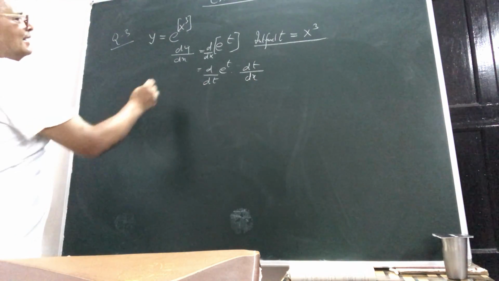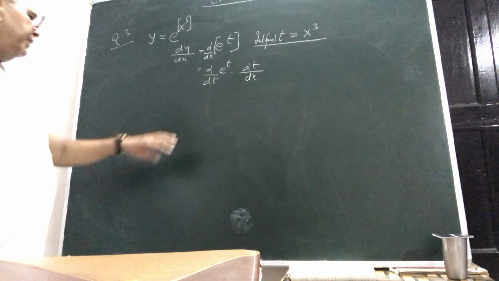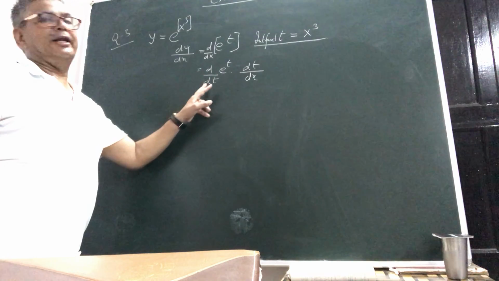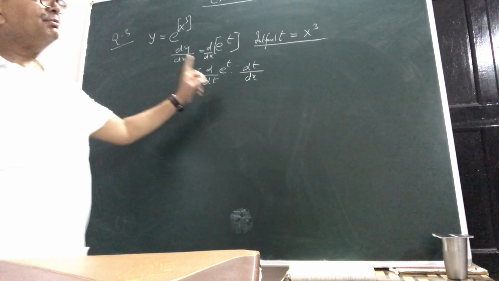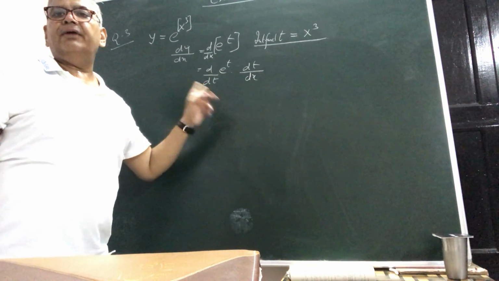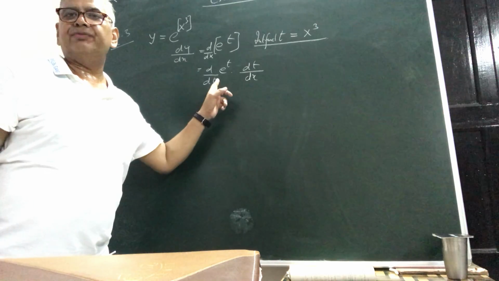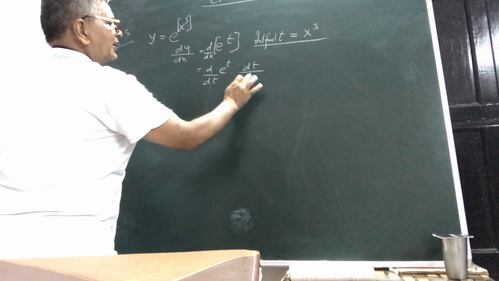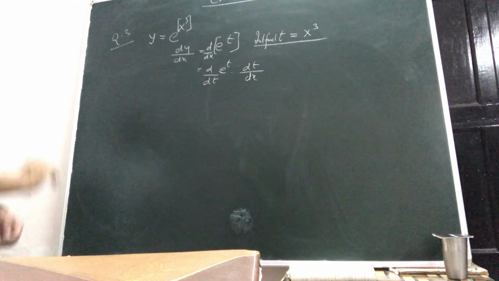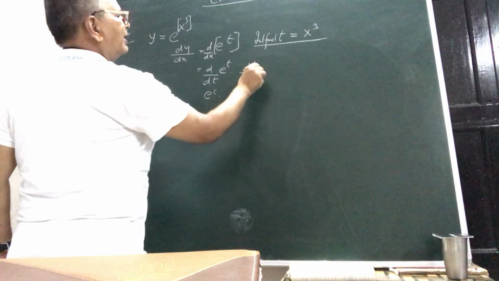But it is not that dt is cancelling. This particular aspect we have already explained earlier, but today again I am explaining: it is not that they cancel here. It is just because this formula for the derivative of composite functions has been attained that we are writing like this. Otherwise d by dx is a notation. So it is e raised to power t and dt by dx.